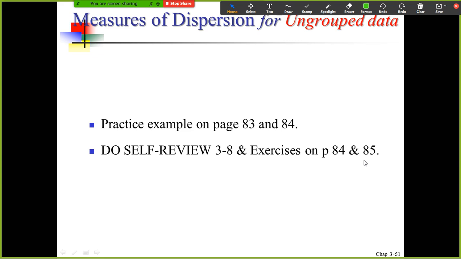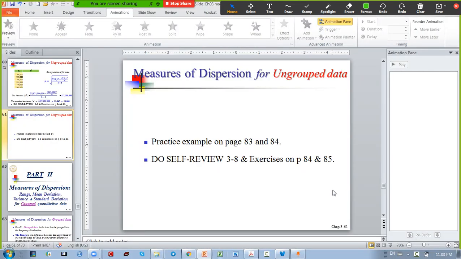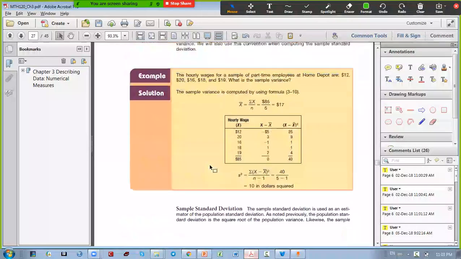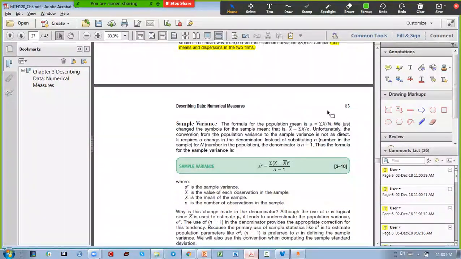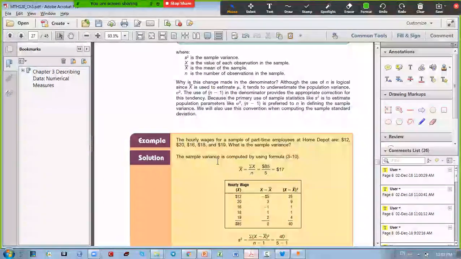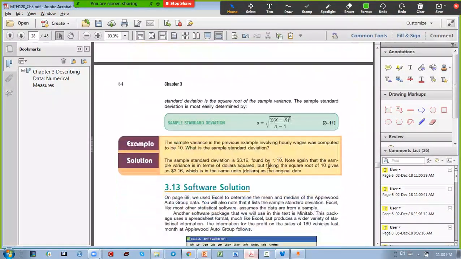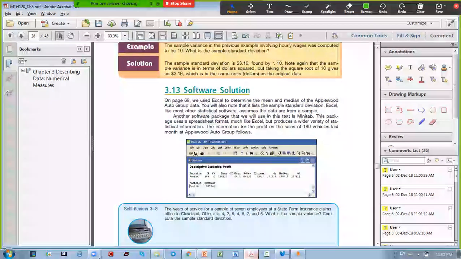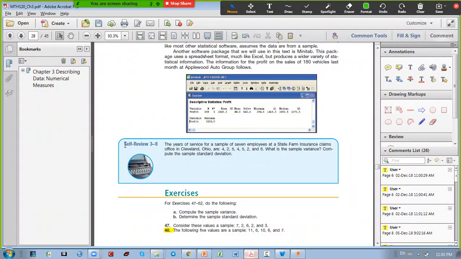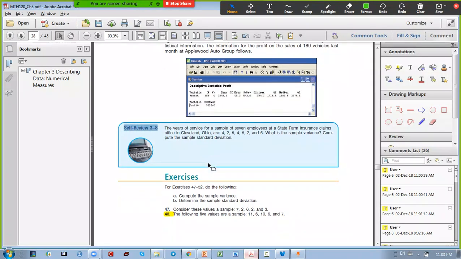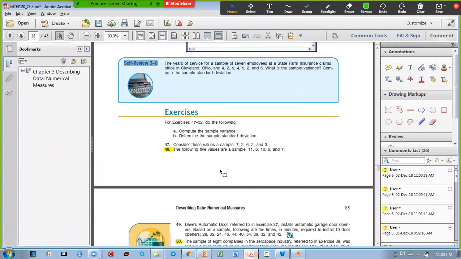If you go to the textbook, you can see this is an example on page 83, and this is an example on page 84. And on page 84 you have self review 3.8 and exercises on pages 84 and 85.